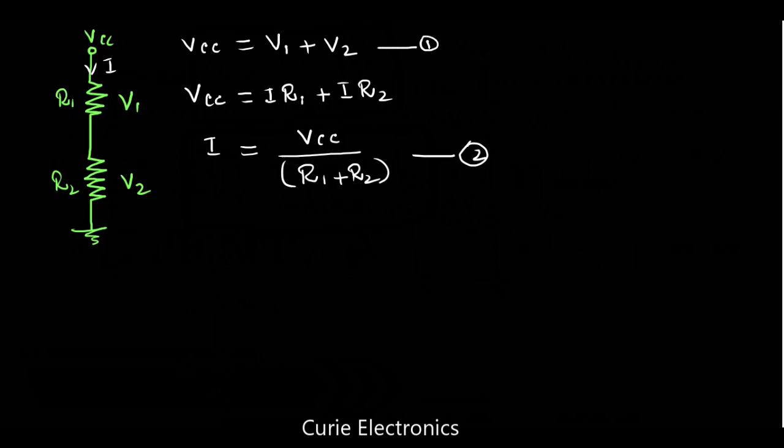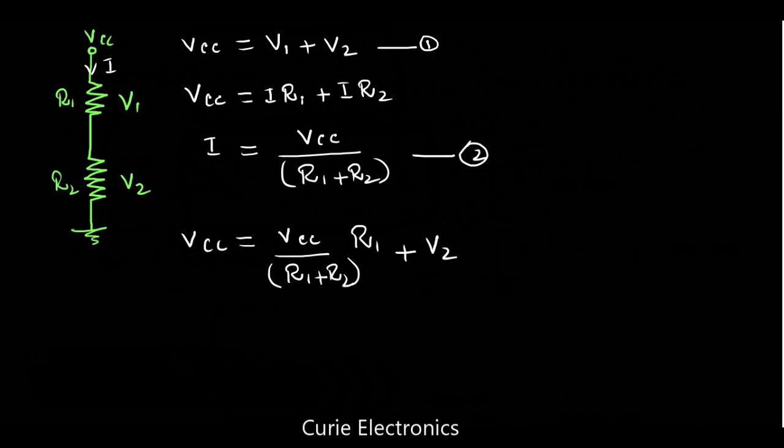So next we'll write VCC equals V1 plus V2, since V2 is what we want. What is V1? V1 is I multiplied by R1, but we don't want I because we have its value: I is VCC upon R1 plus R2. So for I we put VCC upon R1 plus R2, multiplied by R1, plus V2.